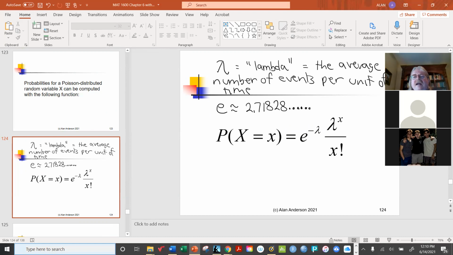So this is an irrational number, just like pi.